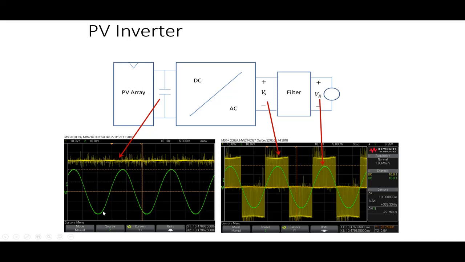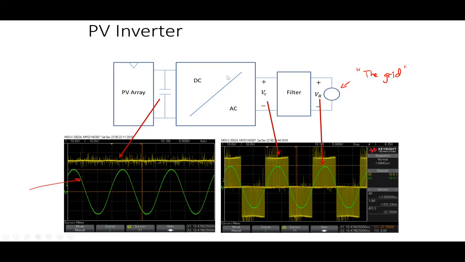And the green here is basically the 60 hertz grid voltage. So connected over here, on this side I have the grid, which is essentially an AC voltage that is this green guy. So I had DC in and I've got AC out.